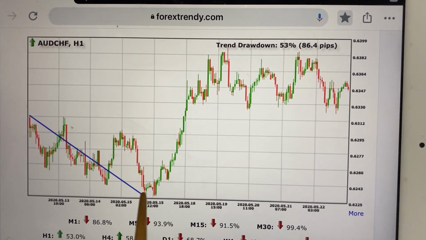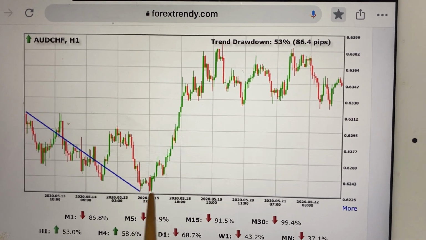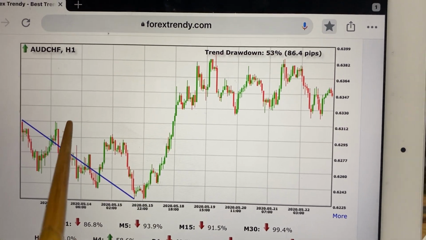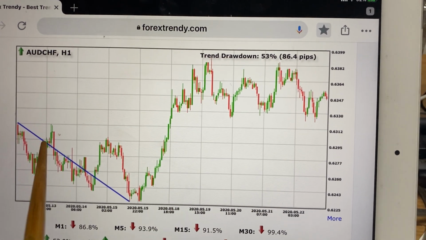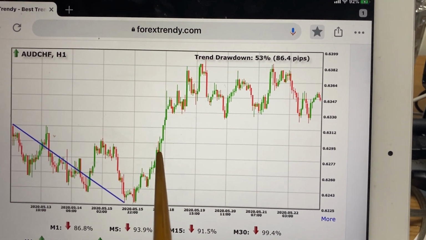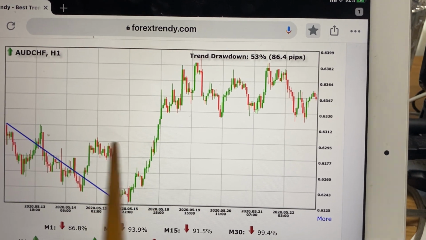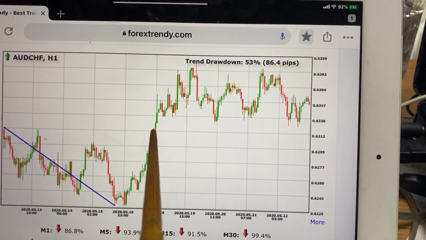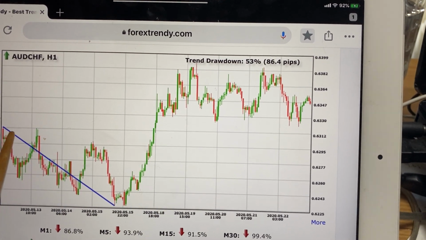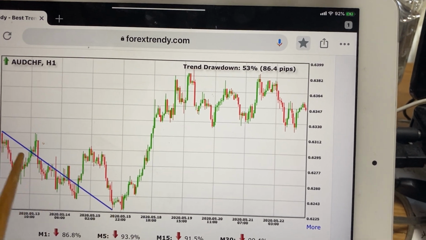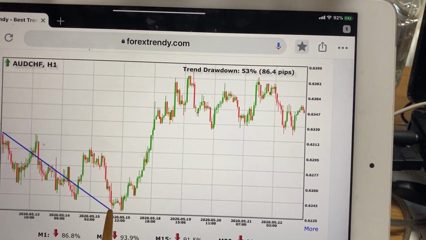I can even use this drawdown signal immediately to enter and just get out somewhere along the way. Take my 20 pips, take my 50 pips along the way, because this drawdown itself is almost 300 pips.